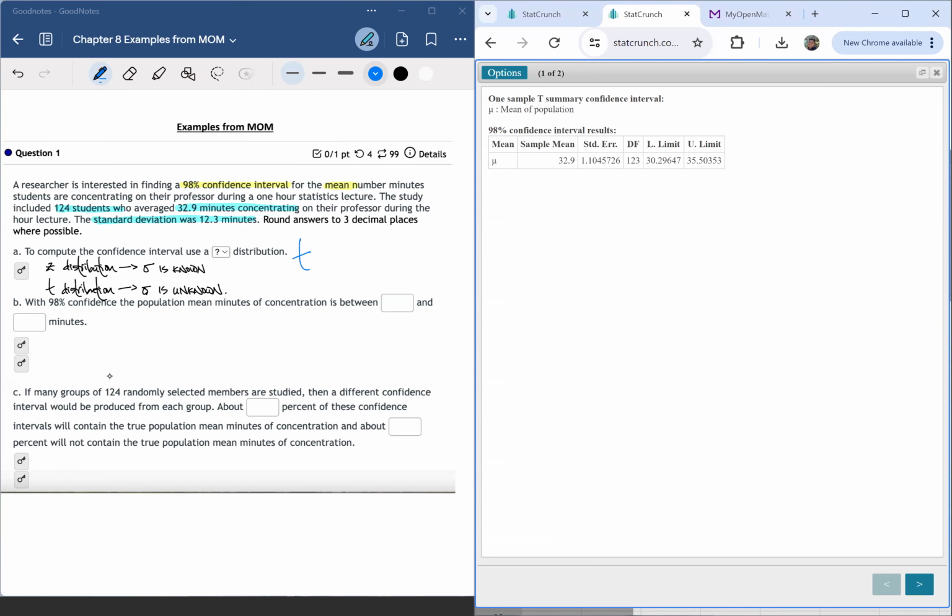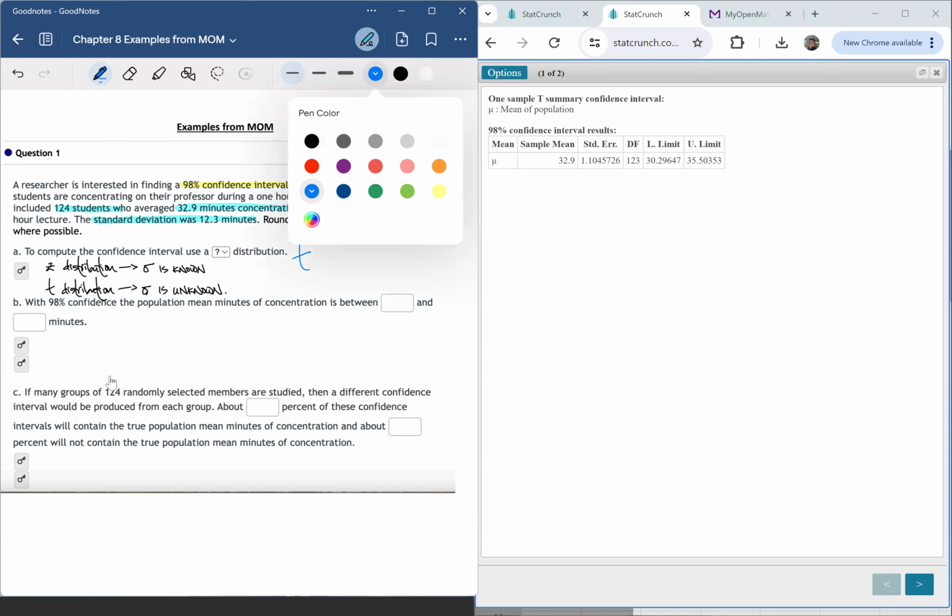Okay, so right when we typed in all of the information, you may have seen this screen pop up. Okay, so we had chosen a one sample T summary confidence interval with a confidence of 98%. Okay, and so it gives us a few pieces of information here that are actually pretty important. This lower limit, you see that number is like 30.296. That's where that bar ended on the other screen, like the lower end of that bar.